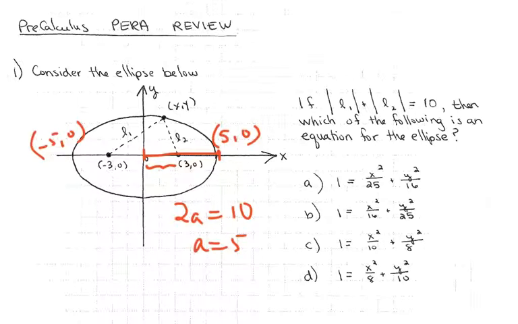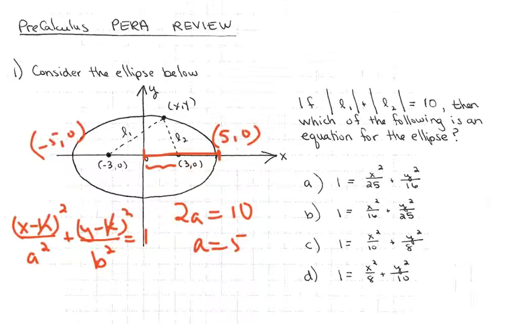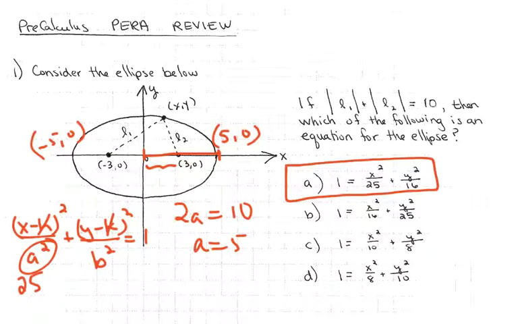Since the vertices are on the x-axis, that means that the bigger number needs to be under x. And the center is at 0, 0, so in the equation, x minus h squared over a squared plus y minus k squared over b squared equals 1. H and k are 0, and a squared has to be 25, which means that the first choice has to be the correct answer.